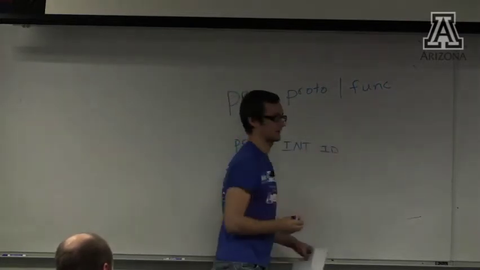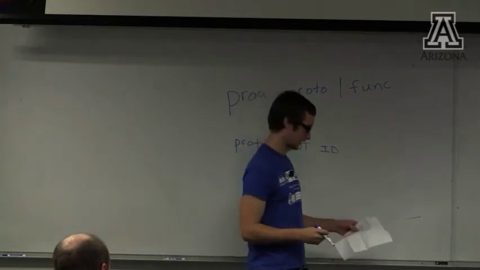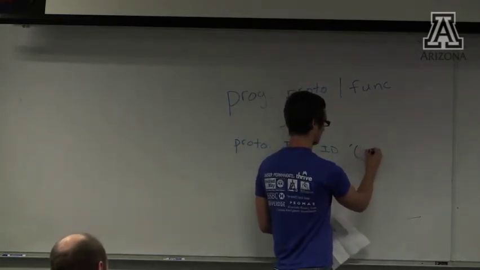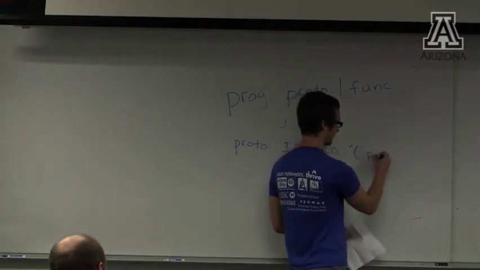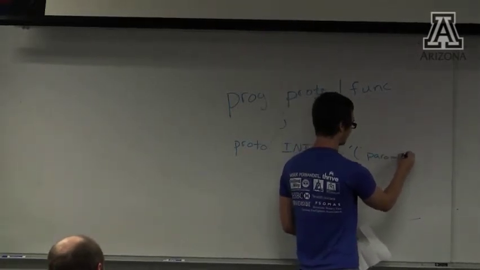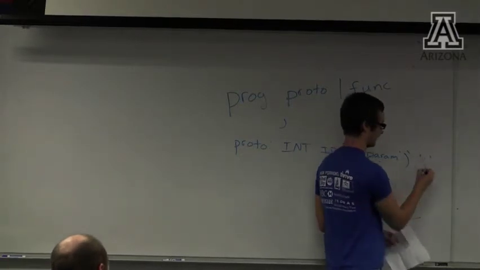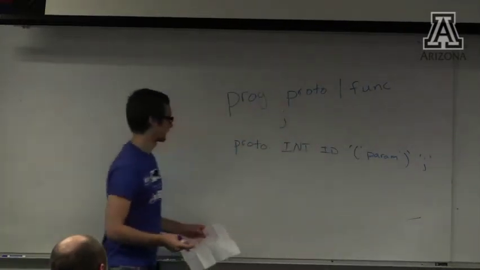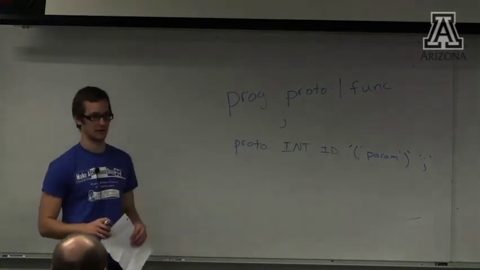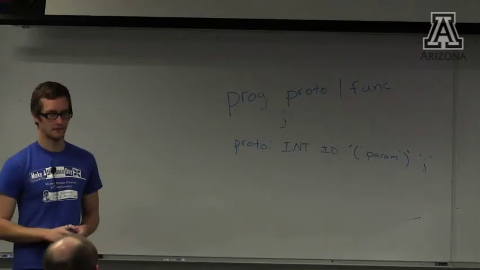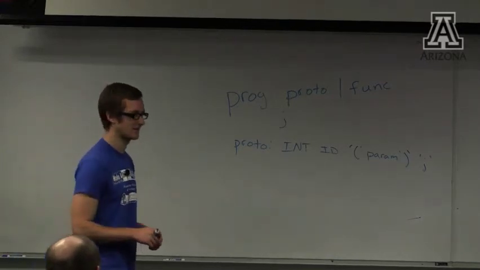That's the name of the function, and I'm saying it can only return integers, again, because I'm lazy. And then you have a left paren, some parameters, param, close, and then a semicolon, right? So that makes sense for a prototype, right? You didn't actually declare what the function does. They're also called signatures, I think.